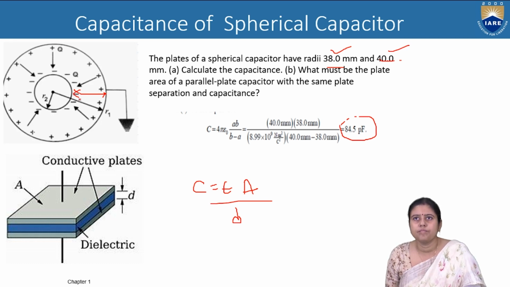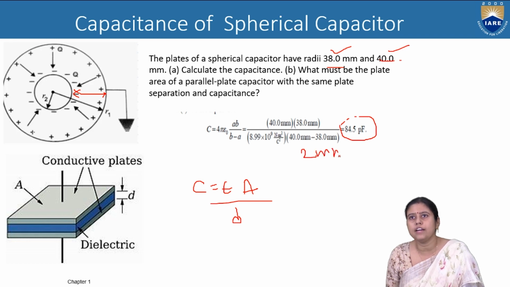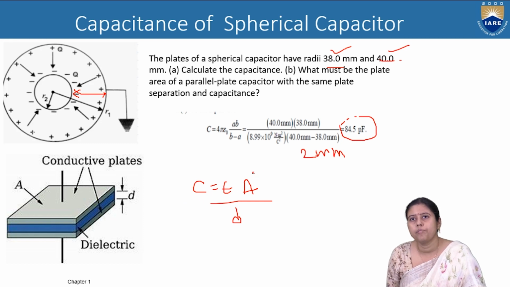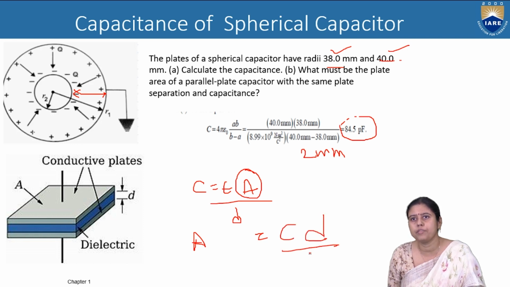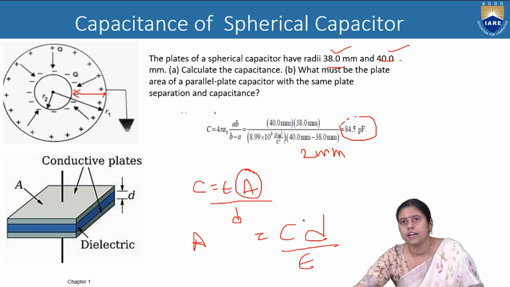The distance is 40 minus 38, which is 2 millimeter. Epsilon value we know, capacitance value we know. From there we can calculate the A. A is equal to C into D by epsilon. And if we put the value, we can calculate the area.